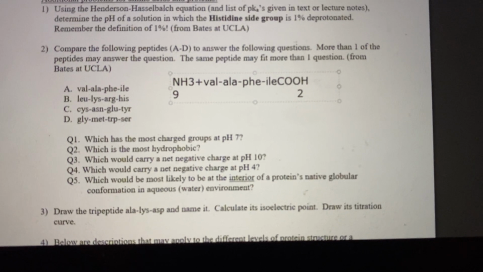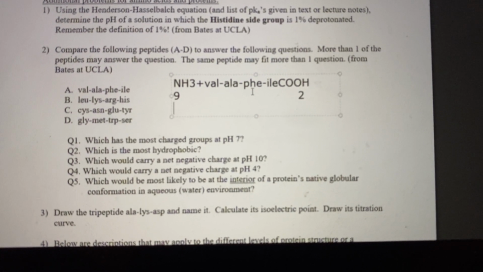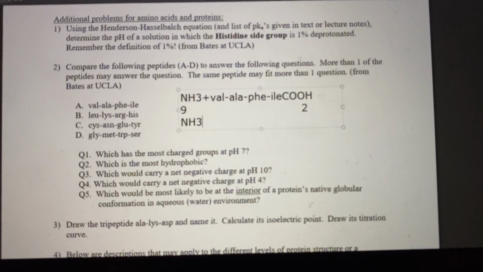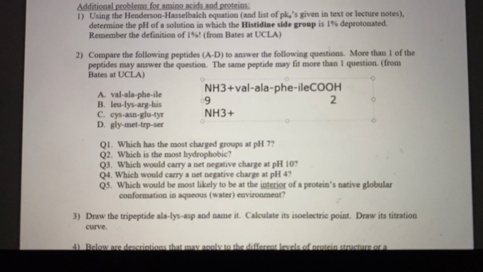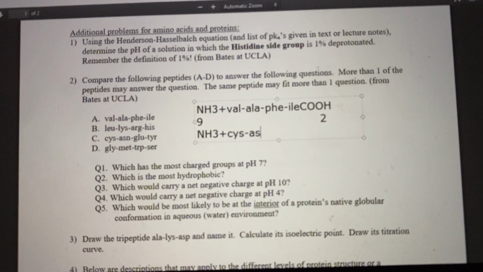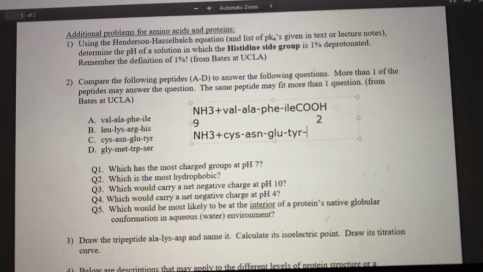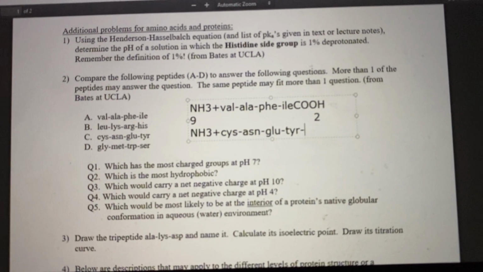But if you were to look at like D, look at C, it's a little different. We still do NH3+, okay, cysteine, asparagine, glutamic acid, tyrosine, and carboxylic acid.